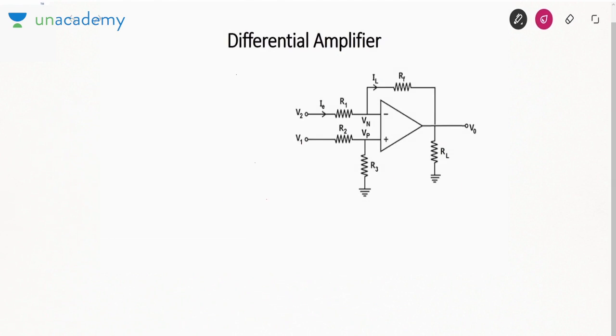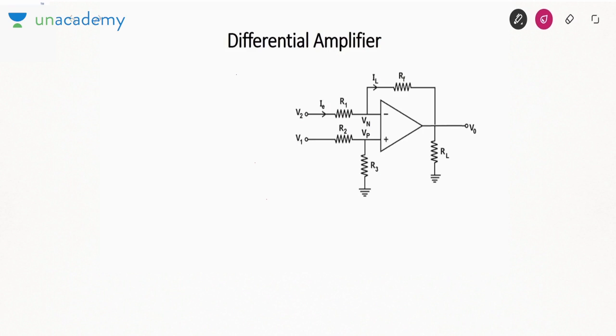The next and one of the most important circuits is your differential amplifier. What did I tell you about the differential amplifier even in open loop configuration? A differential amplifier is an amplifier that amplifies the difference of the two voltages. And what is the objective in a differential amplifier?